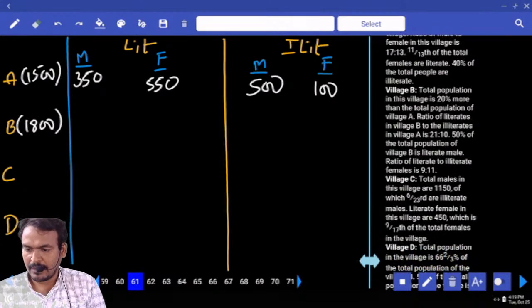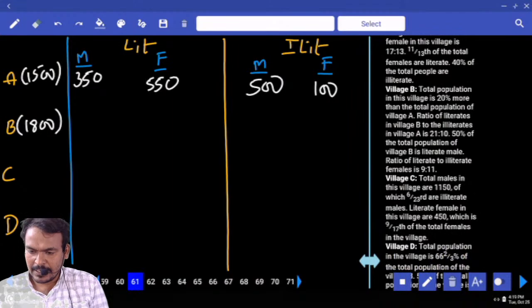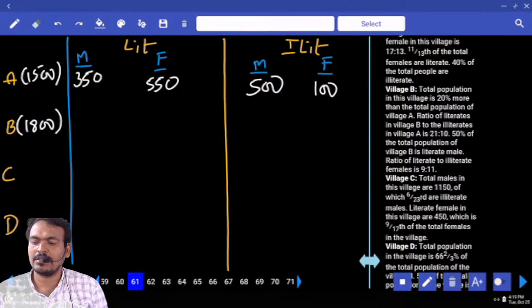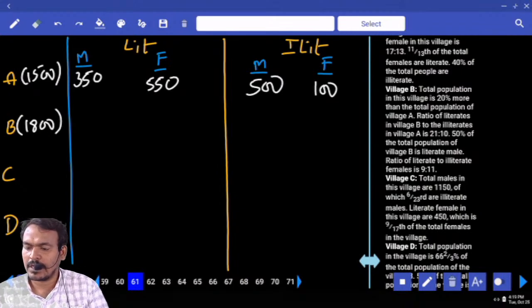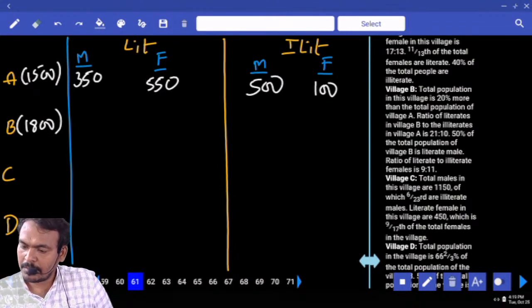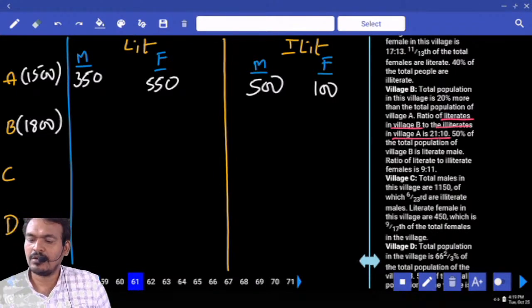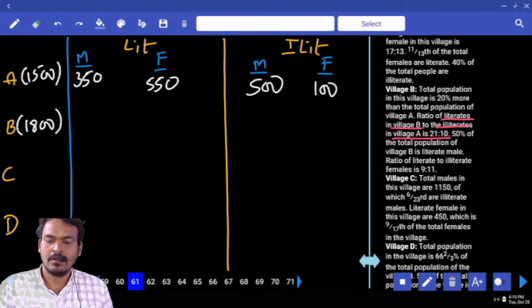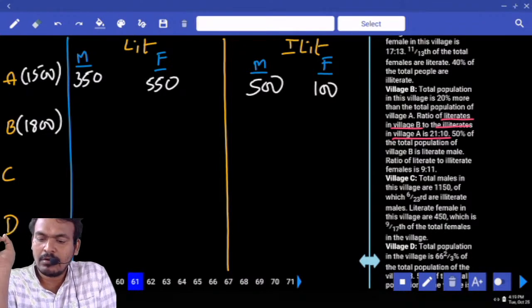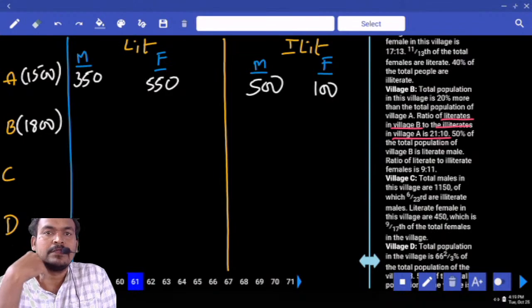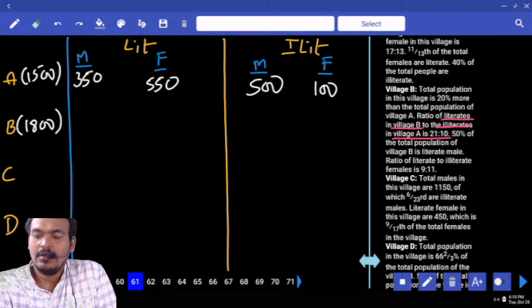Next, one more: the ratio of the literates in village B to the illiterates in village A is 21:10. What is the 10 parts value? 600. What is the 1 part value? 60.